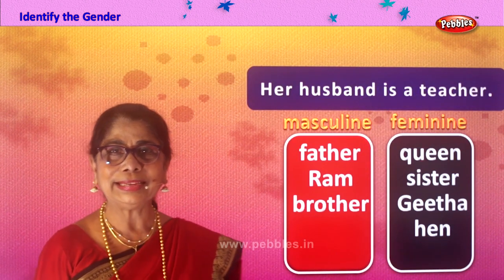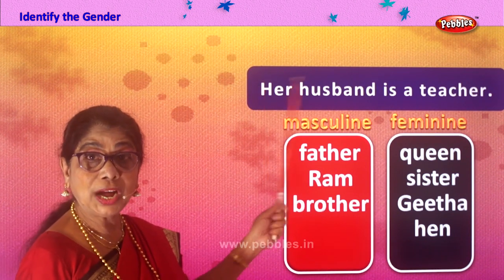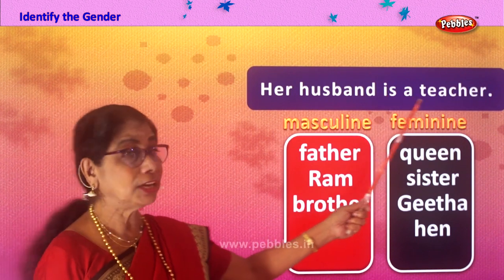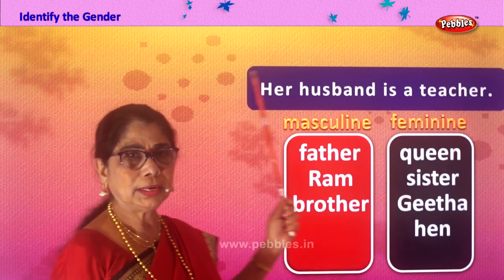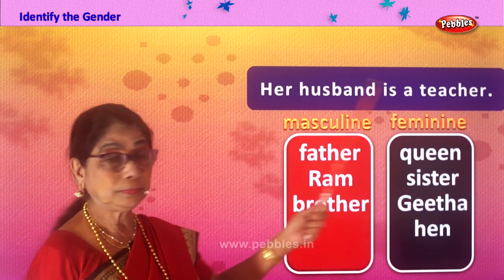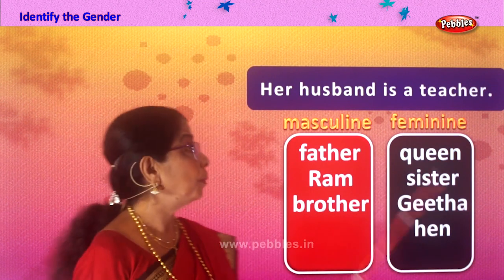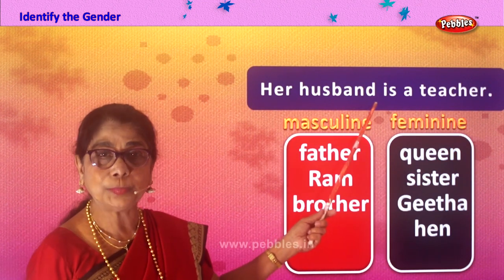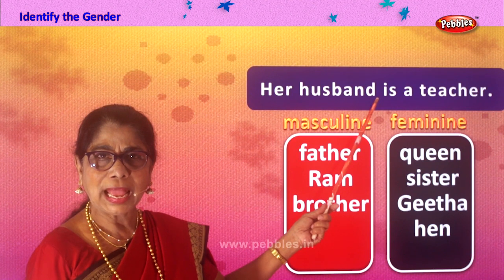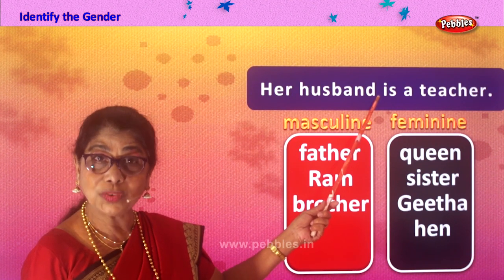Let's take our next sentence. Her husband is a teacher. The sentence begins with the capital letter, ends with the full stop. Husband. Is husband a masculine or feminine gender?